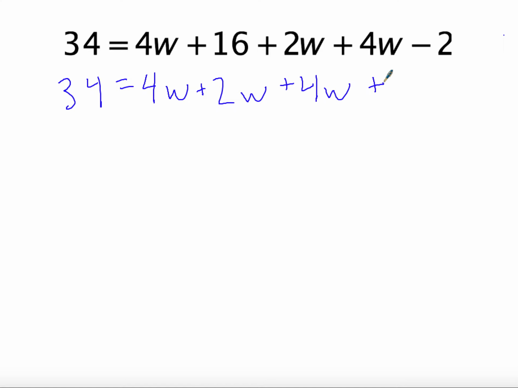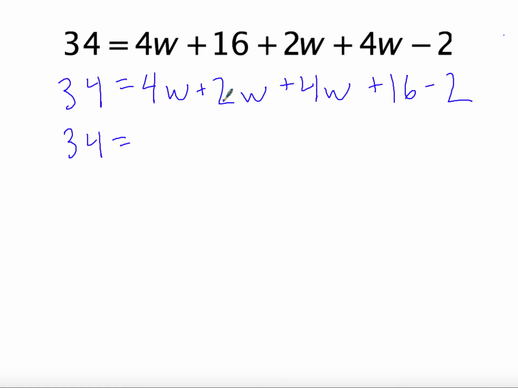And then I have my constant terms, 16 minus 2. This is, again, not required. You could instead highlight, underline, or just do it in your head. But if you're finding yourself not correctly combining like terms, we suggest that you try one of those strategies rather than doing it in your head.